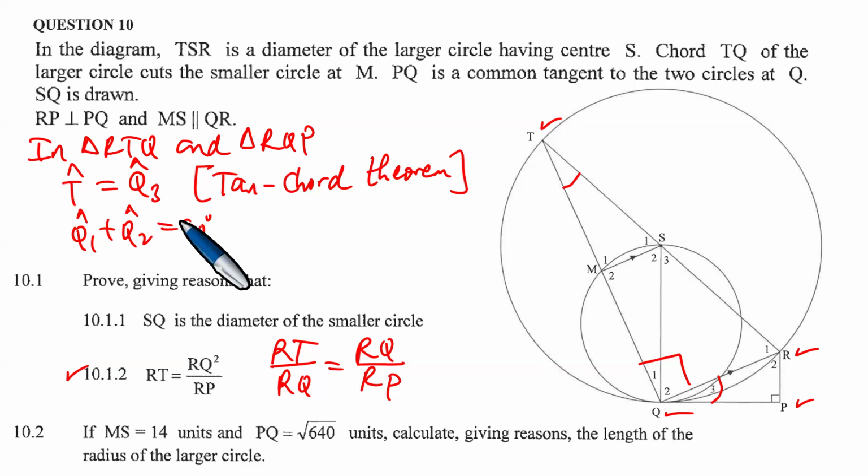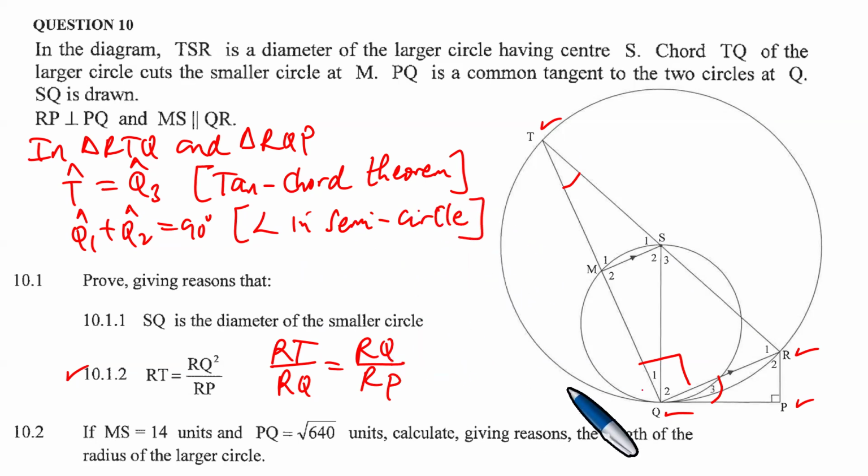Why is the angle Q1 plus Q2 equal to 90 degrees? Okay, because it's an angle in a semicircle. Angle in a semicircle, that is 90 degrees there. Angle subtended by a diameter.